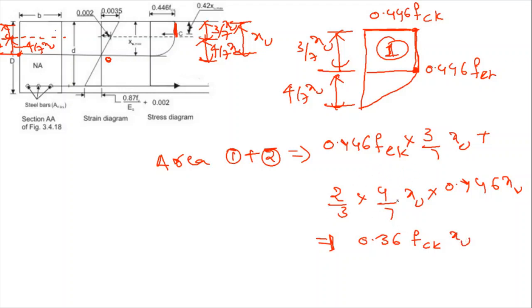If you add these two values, you will get 0.361 FCK into XU, which we will consider as 0.36 FCK into XU. So this is the area of the stress block we consider in the limit state method.